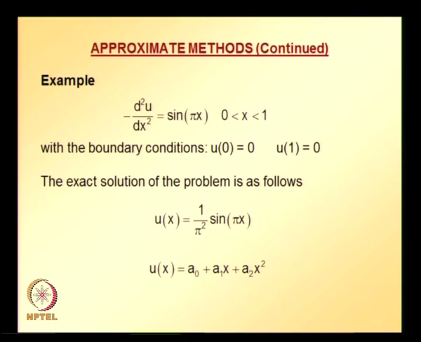and before we substitute this trial solution into the residual, the trial solution that we use needs to be an admissible trial solution. An admissible trial solution is a trial solution which satisfies essential boundary conditions.